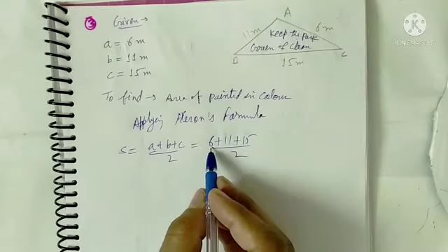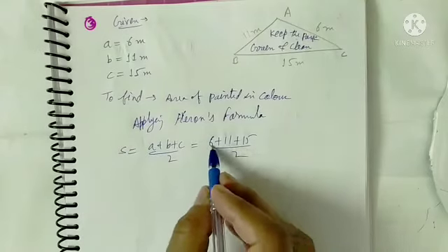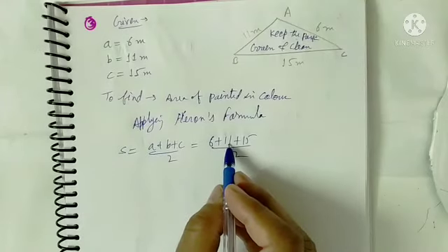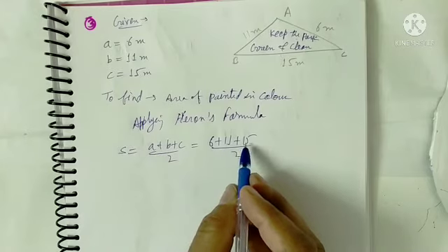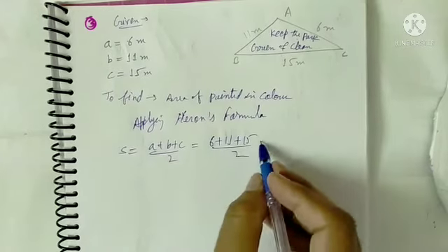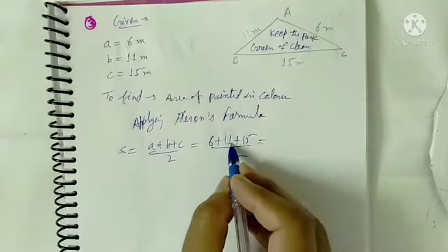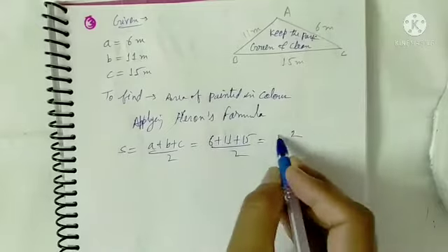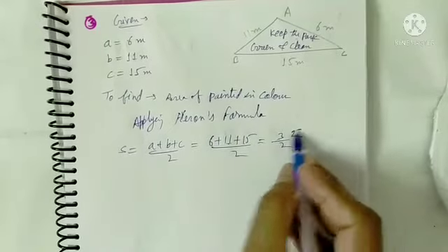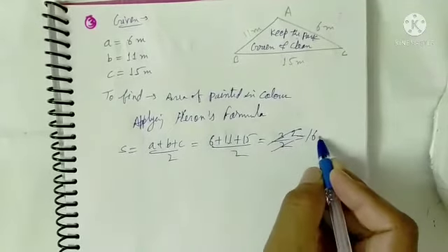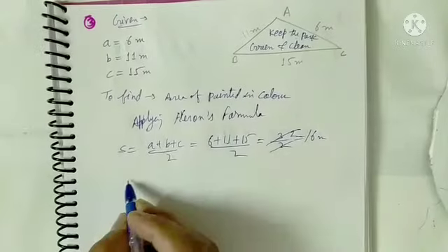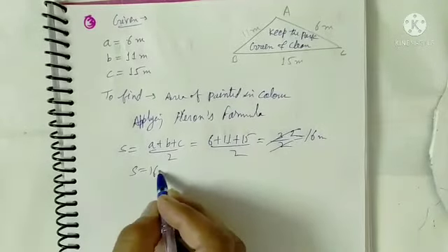Now add: 6 plus 11 is 17, 17 plus 15 is 32. It is 32 upon 2. If we divide 32 by 2, it becomes 16 meter. So S is equal to 16 meter.